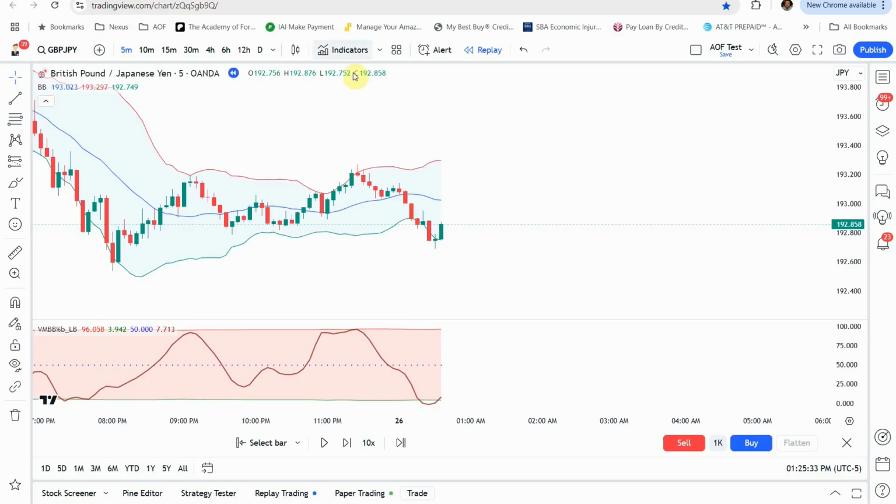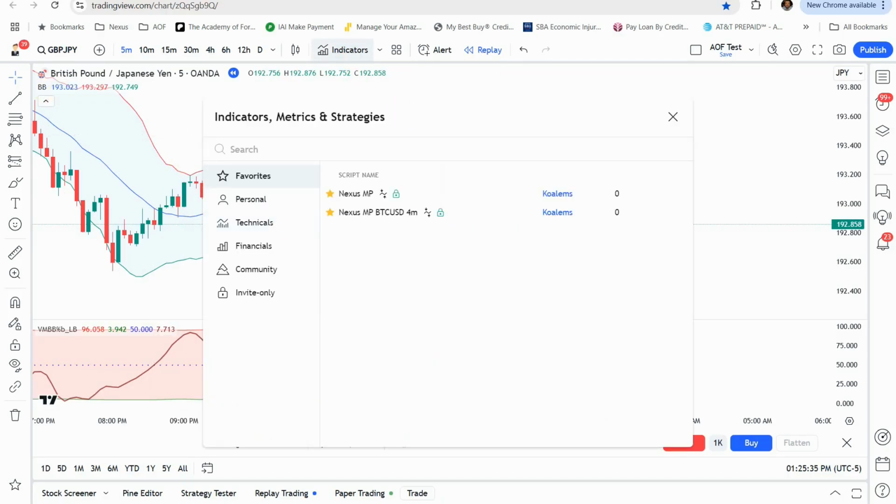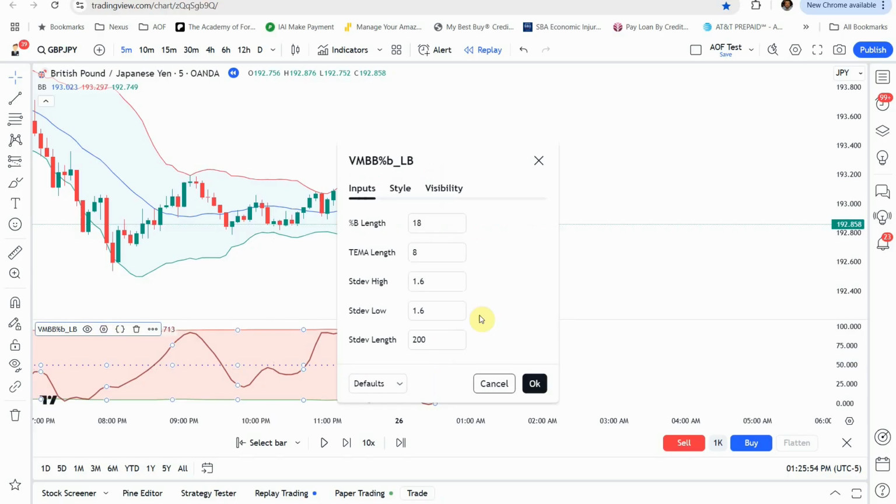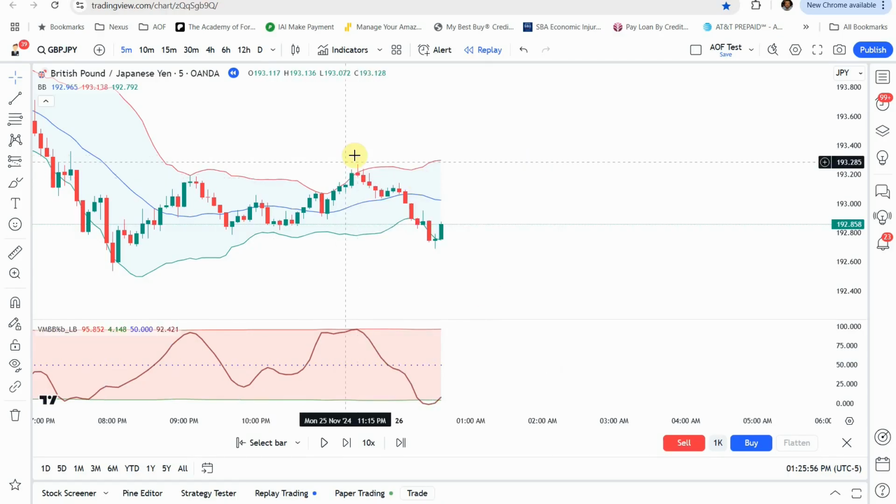But what we'll do is the first indicator we will add to the screen is going to be the Vervoort Smoothed %B. And it's going to be this one right here. Go ahead and click on that and add it to the screen. It'll look like this here at the bottom. Everything stays on the default settings. Nothing gets changed.